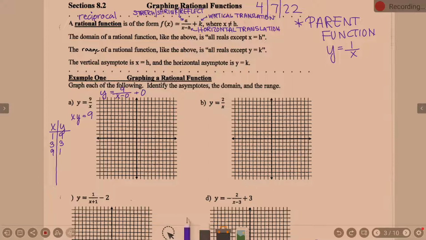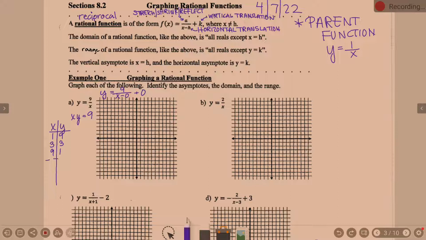Because in an ordered pair, 1 and 9 and 9 and 1 are different, yes? And so 1 and 9, if I check 2, 2 doesn't work. 3 and 3, if we check 4, 5, 6, 7, 8, the next thing that works is 9, right?